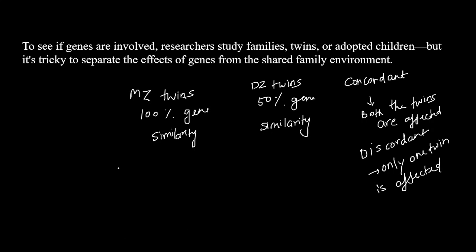So whenever concordance in the monozygotic twins is more than the dizygotic twins, you can say this could be genetic.